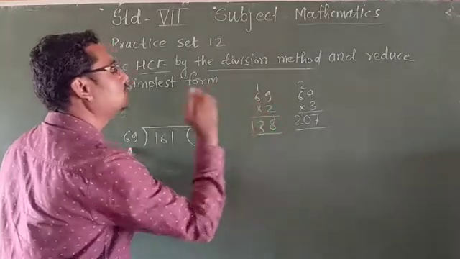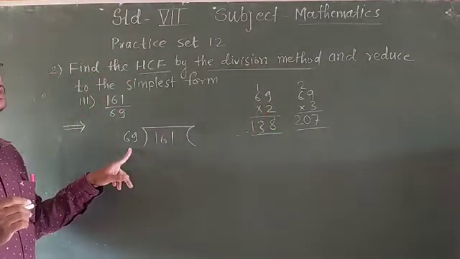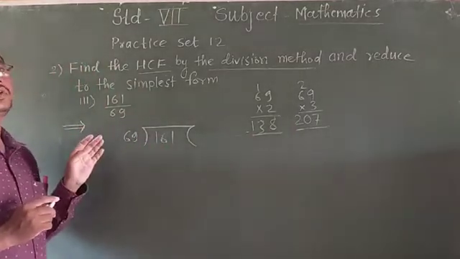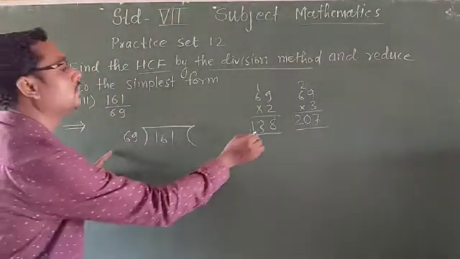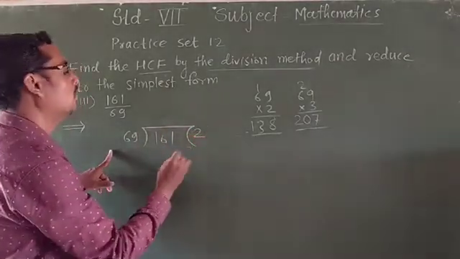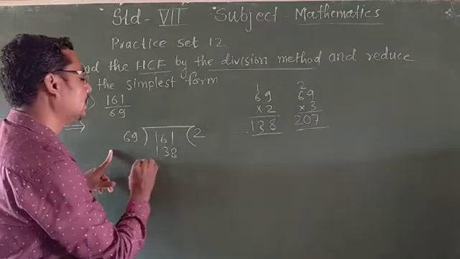So 69 2s are 138, that we have to take. 207 is a bigger number than 161. So we consider 138, means 69 2s are 138. Okay.